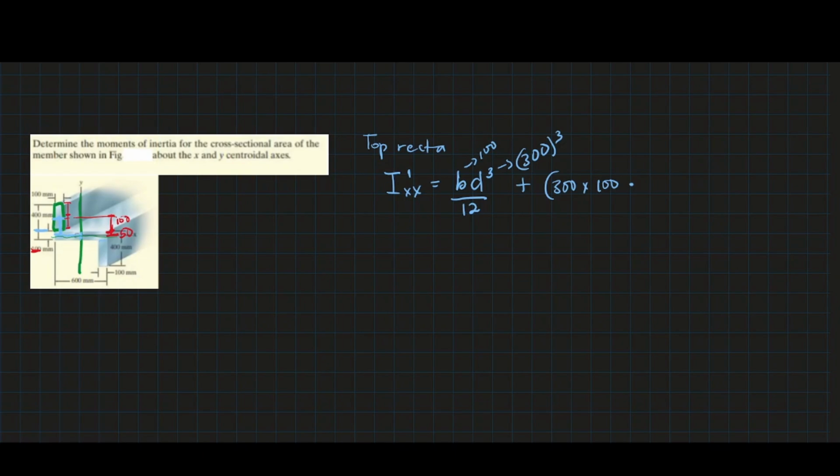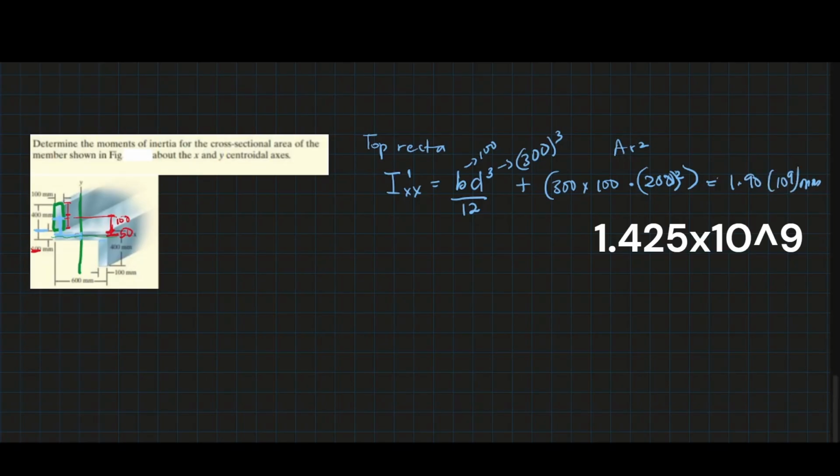So it's going to be 150 plus 50, which is now 200, squared because it's A r squared. If you solve this out, you're going to get that this is equal to 1.90 times 10 raised to 9 millimeter 4.